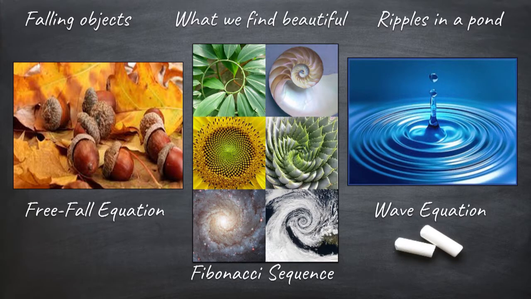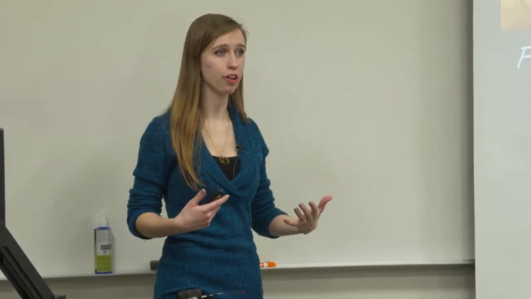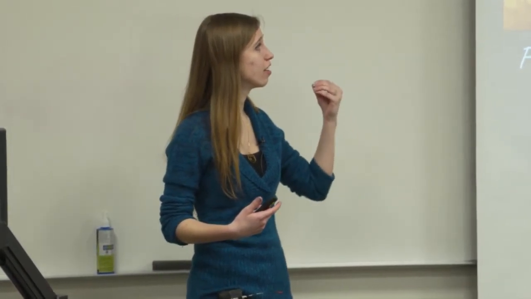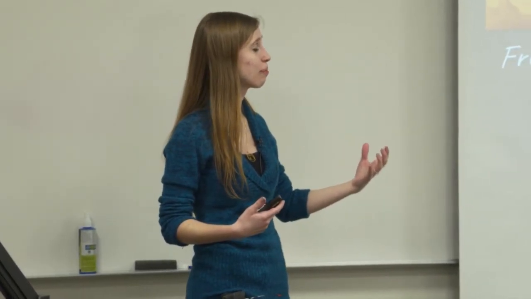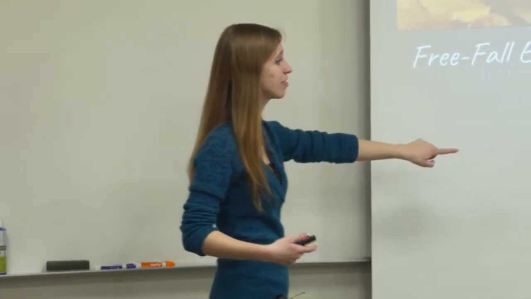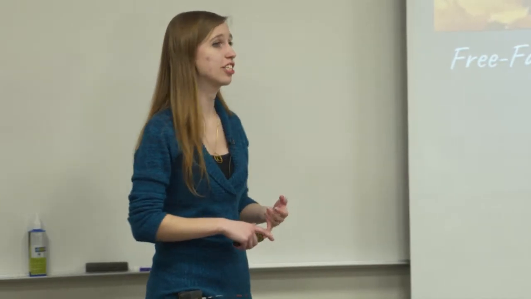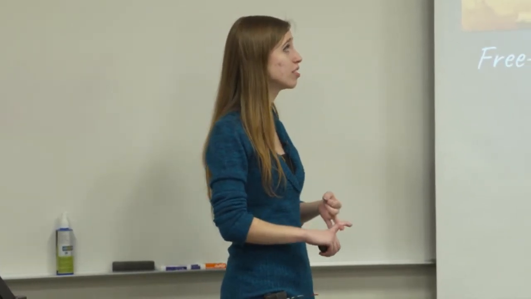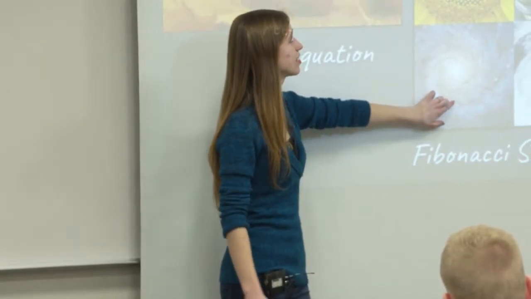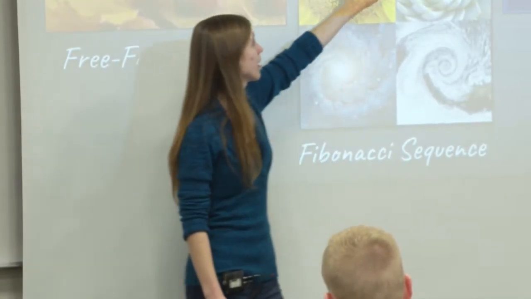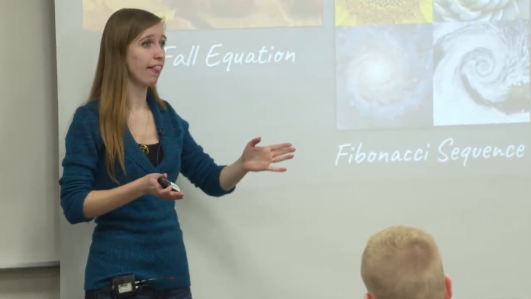And then with the Fibonacci sequence, there are patterns to what we as humans find beautiful, what we consider to be beautiful. And one of the ways in which that is represented is actually found in the sequence of numbers discovered by Fibonacci. Through the Fibonacci sequence, we get the golden ratio and the golden spiral, and those are things that we find in the spin of a galaxy or in a nautilus shell, or in the angles between which flower petals grow.